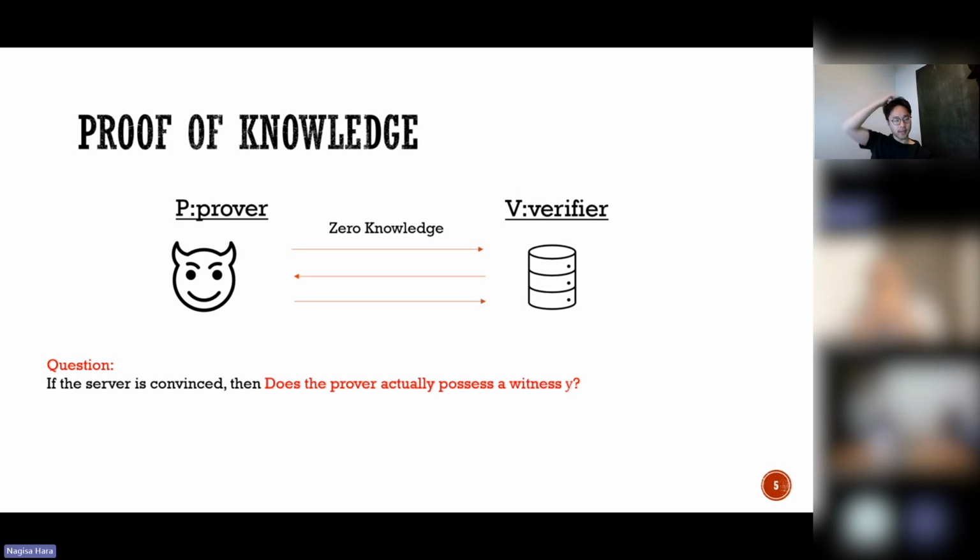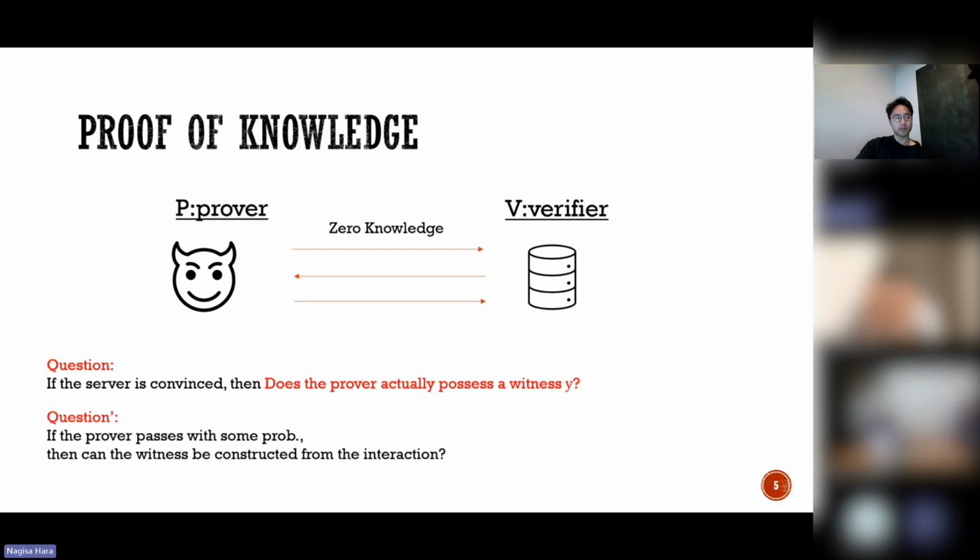Like in the zero knowledge concept, we define the knowing or possession of certain information by considering the following statement. Mathematically, this question can be converted into the following: if the prover passed some protocol with some probability, then the witness can be constructed from the interaction.